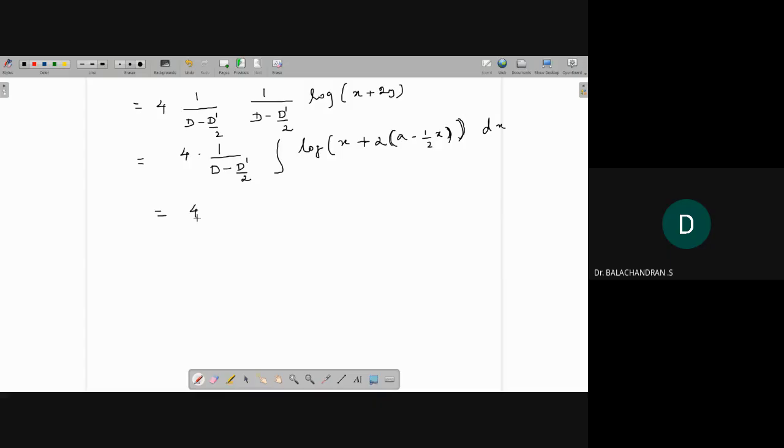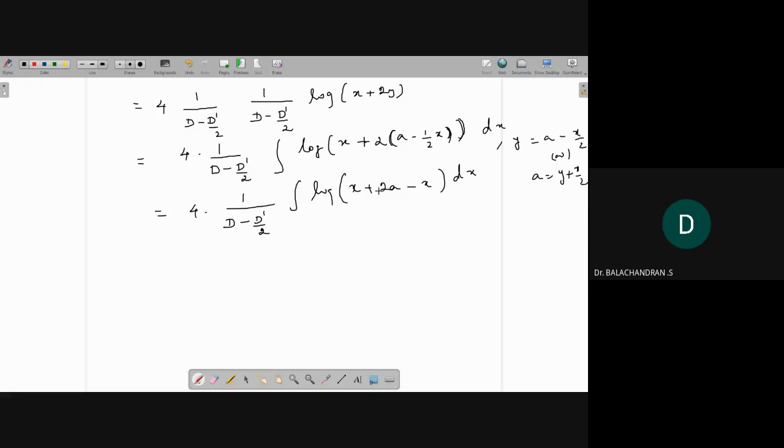So this is equal to 4 into 1 by (D minus D dash by 2) integral. Okay, and you should replace y by what? y equals a minus x by 2, or a equals y plus x by 2. Okay, so log of (x plus 2a minus x) into x dx.